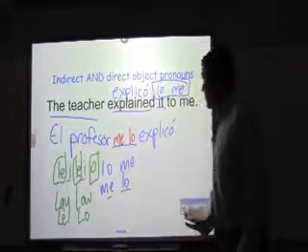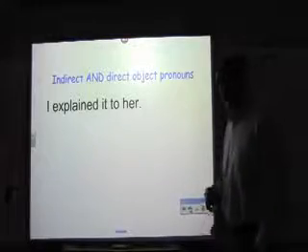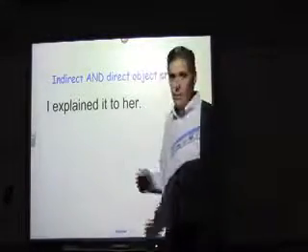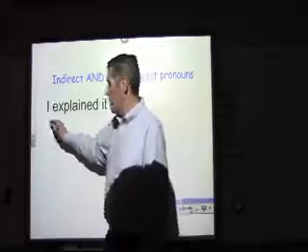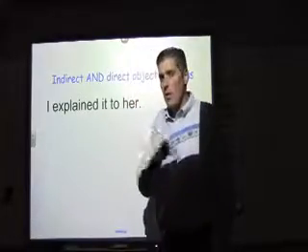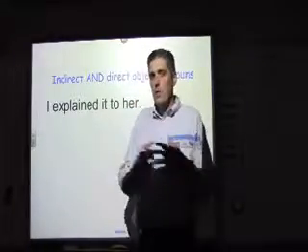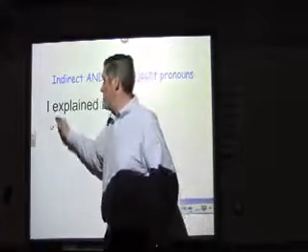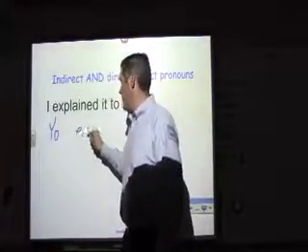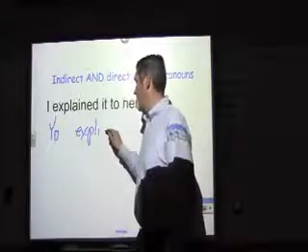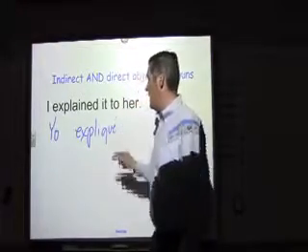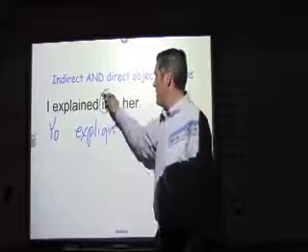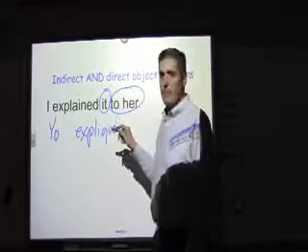Okay? Let's go to another example. I explained it to her. Well, now it gets a little tricky. This is one of the nuances, what makes using the two object pronouns together special. Yo expliqué. I explained it to her.